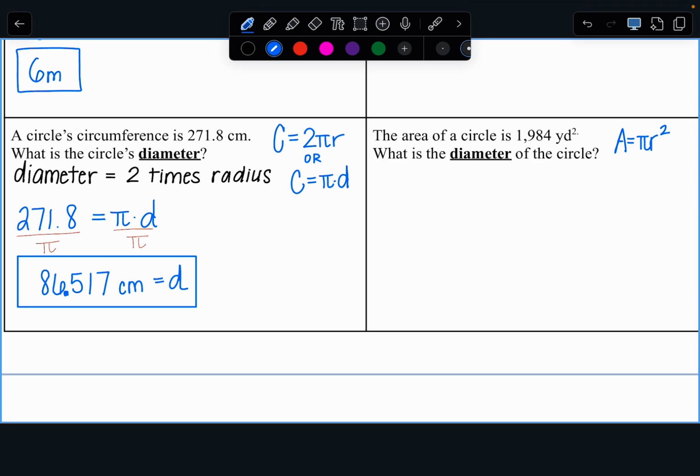And then multiply it by 2 to find the diameter. 1,984 goes in for area.